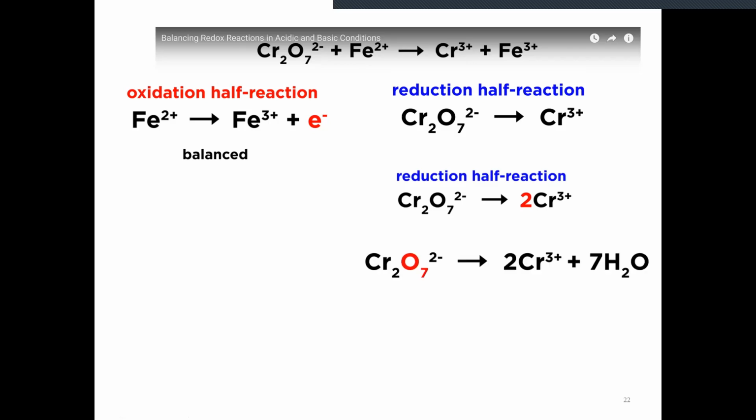So to do that, we're going to add 7 H2Os. And then we need to balance the charges. So 2 times +3 is what? Is +6. So we only have a -2 here. So how are we going to balance the charge?